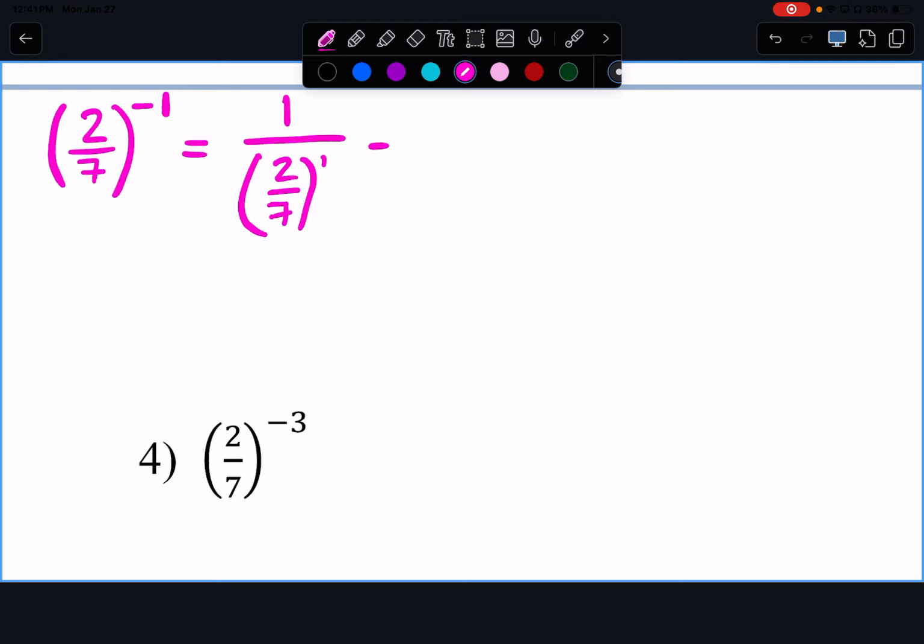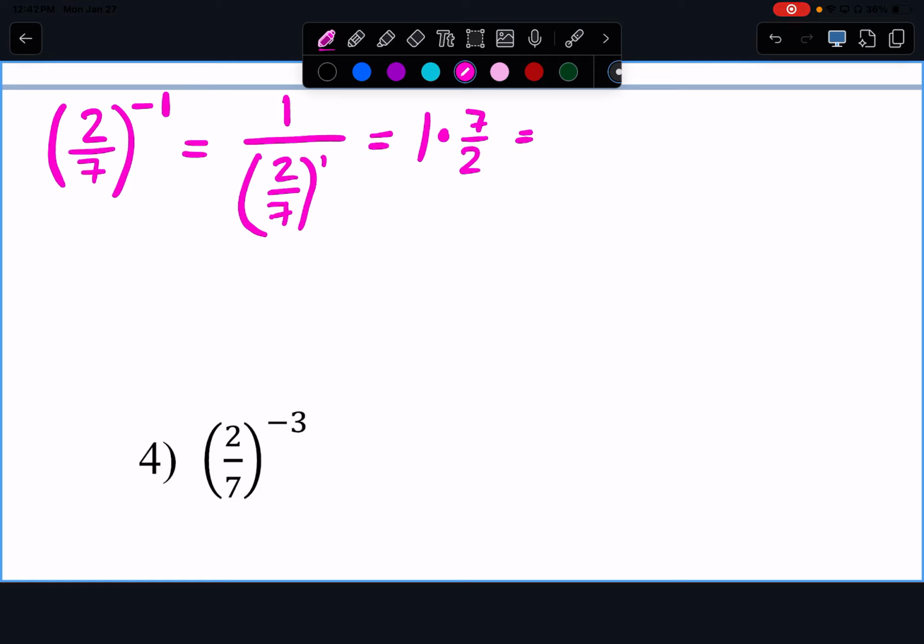So what do you do when you're dividing by a fraction? Does anyone remember? Keep, change, flip. There it is. So we're going to keep the numerator, change it from division to multiplication, and then we're going to multiply it by the reciprocal, which means we have to flip that to 7/2.